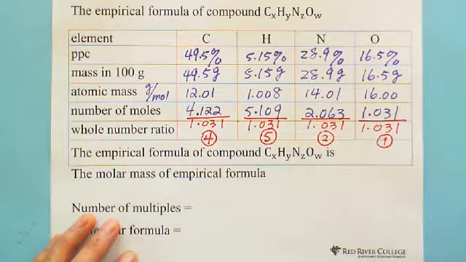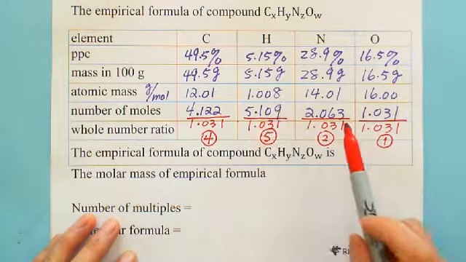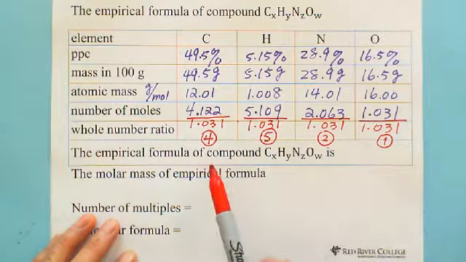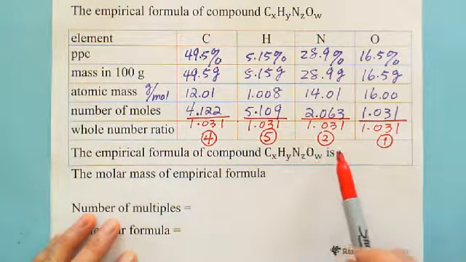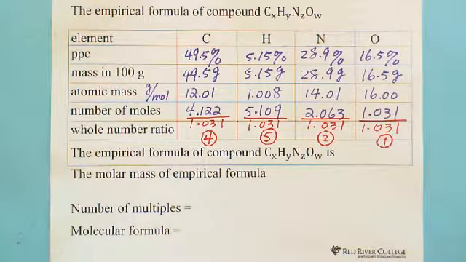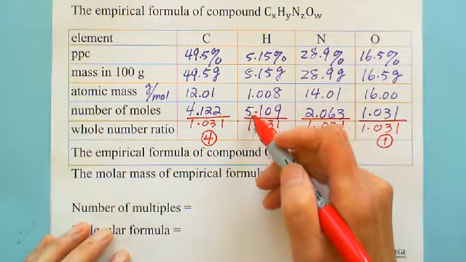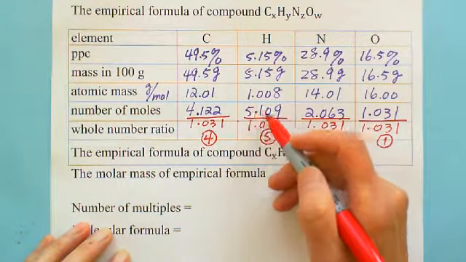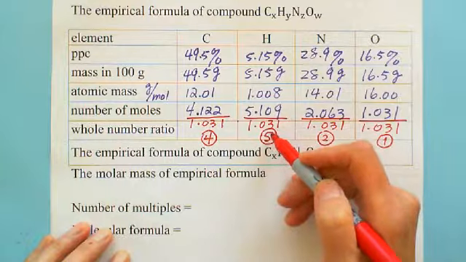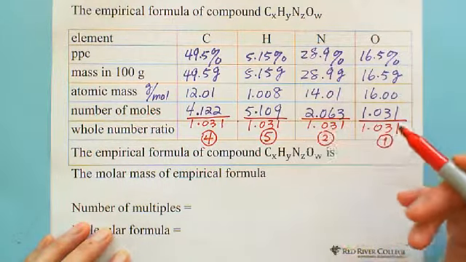The whole number ratio of carbon to hydrogen to nitrogen to oxygen is 4 to 5 to 2 to 1. This is already a whole number, because you can see it is very close. This is 4.99 something, actually 5.